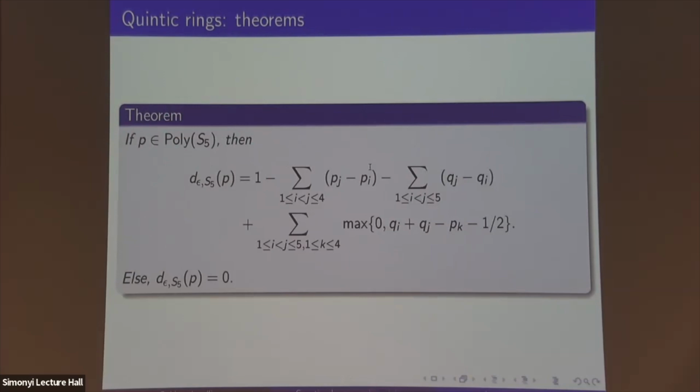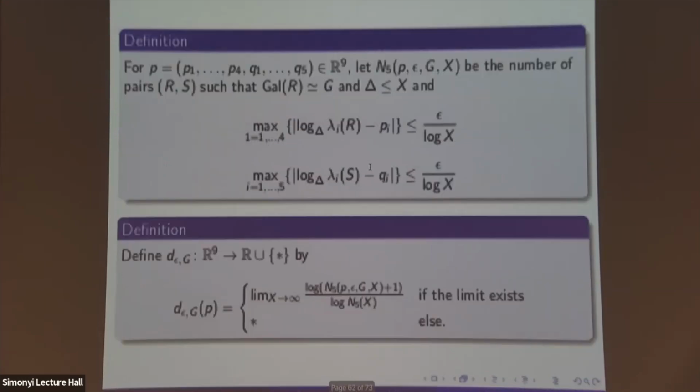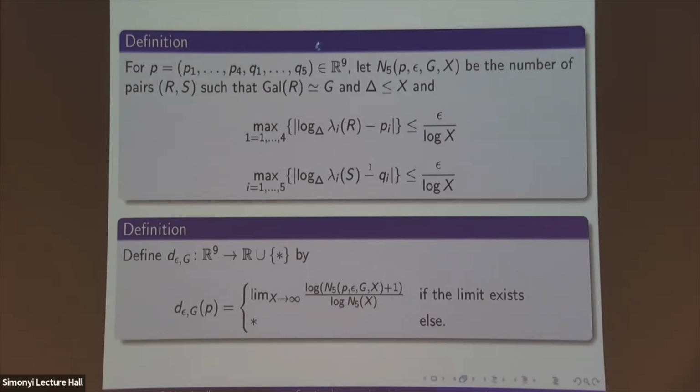But what I can do is the following. I can take poly S5 in R9 and project it down to P1 through P4. This is a lossy projection. Notice that the sum of P1 through P4 is 1/2. So then project it down to P1, P2, and P3, because you can deduce P4 from P1, P2, and P3.